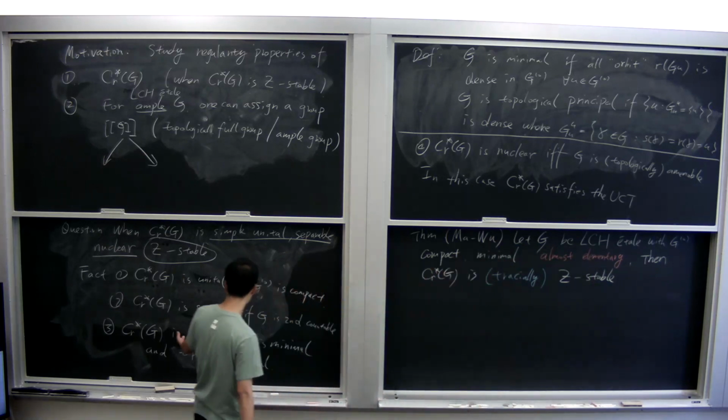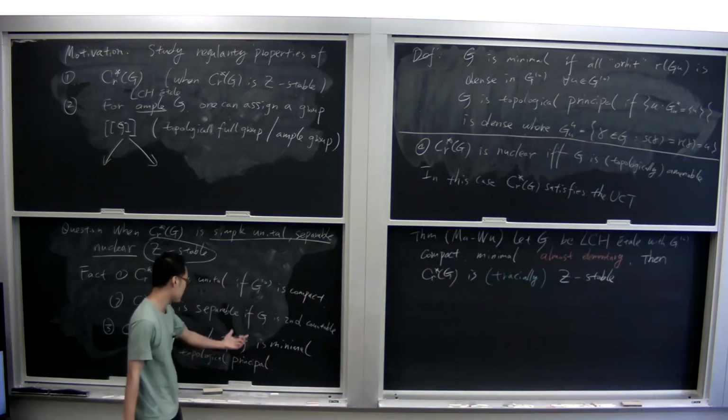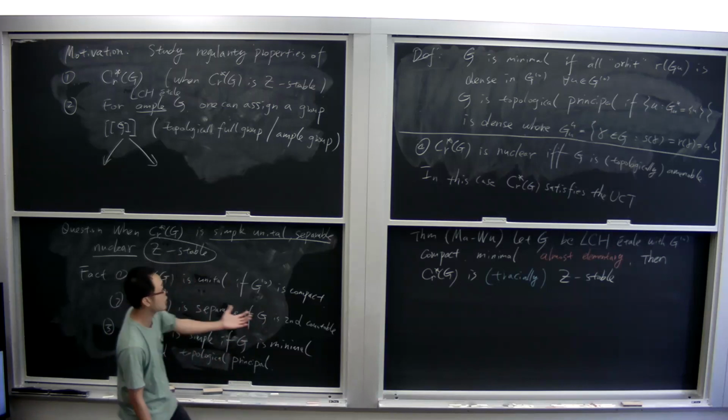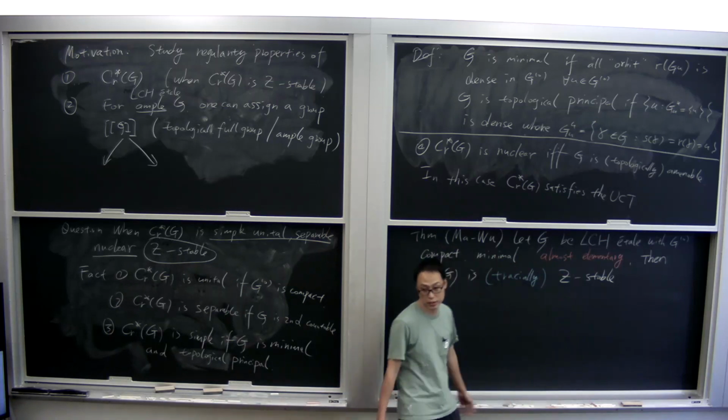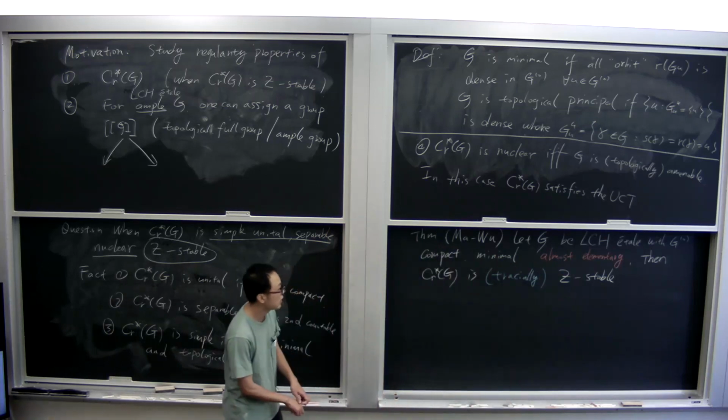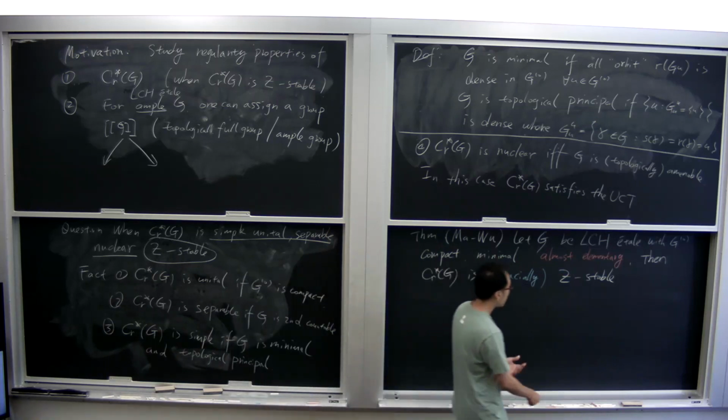And if you add the assumption that your groupoid is amenable, then you obtain the nuclearity of your C*-algebra. So that's my theorem here.